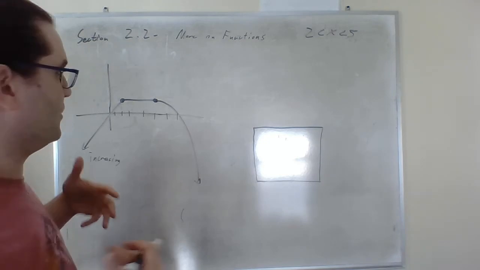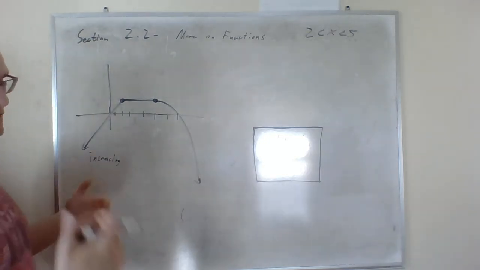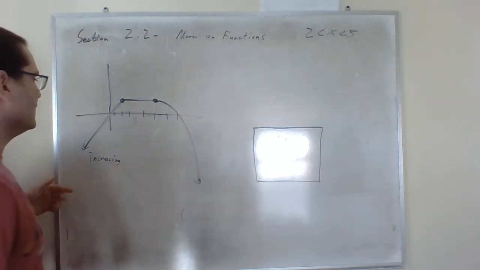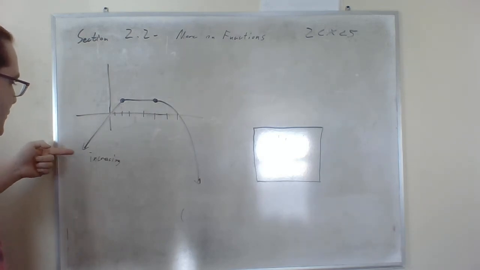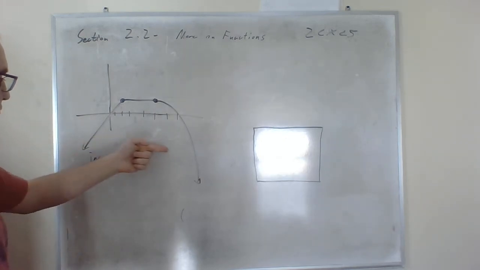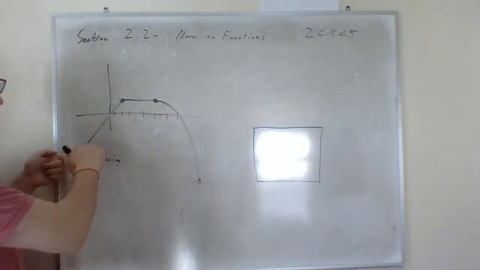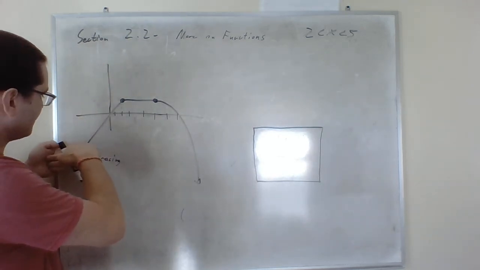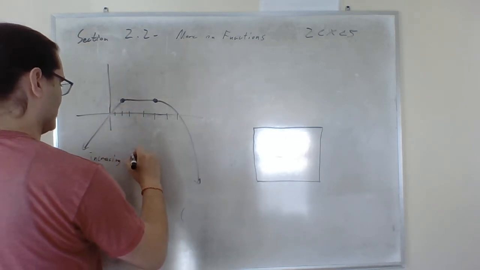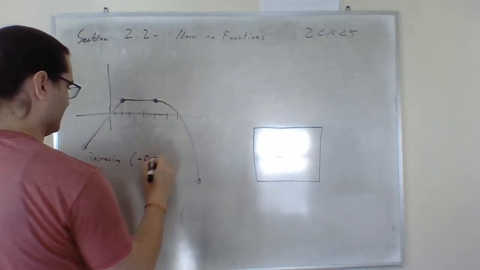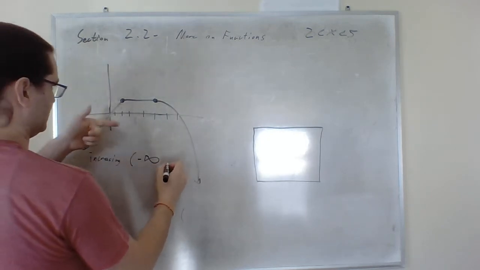That is not what we want to look at. That is not what determines increasing or decreasing. Increasing and decreasing is all about what the y values are doing as x moves from left to right. So here, as x moves to the right, our y values are increasing. So that's going to happen from negative infinity to 2.